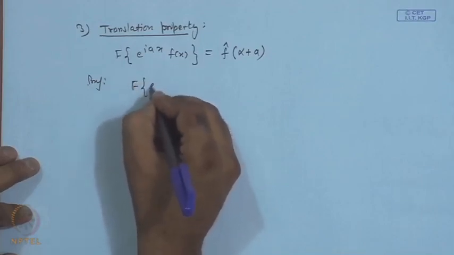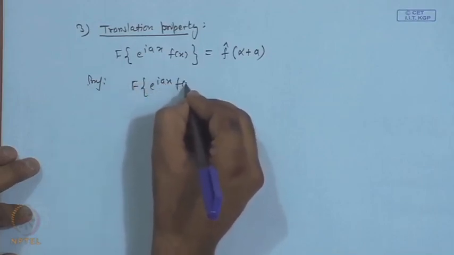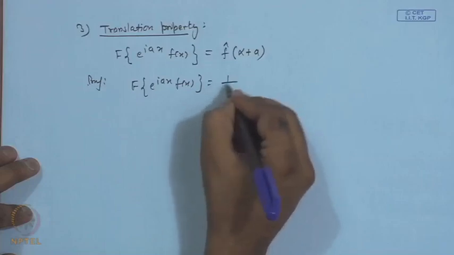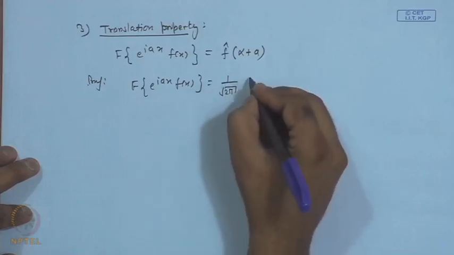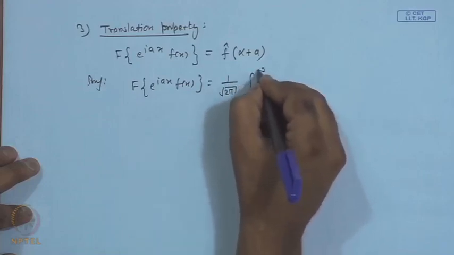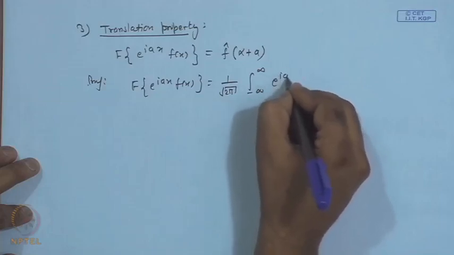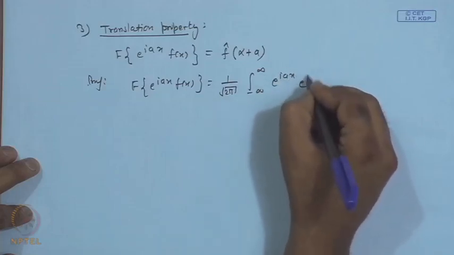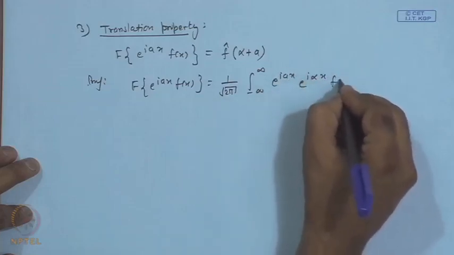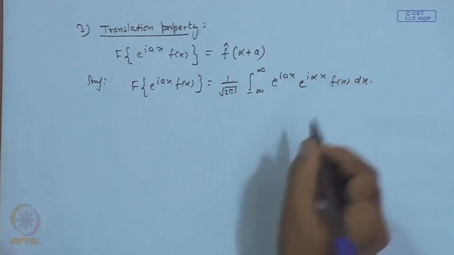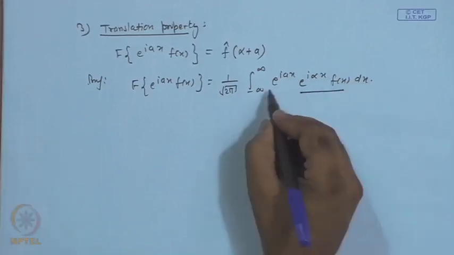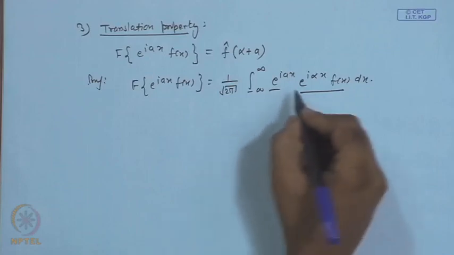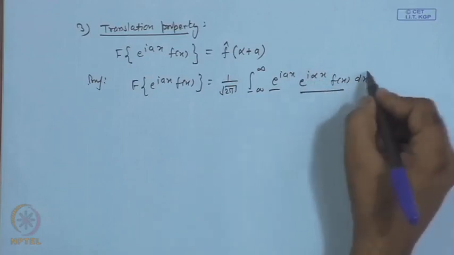The Fourier transform of e^{iax} f(x), as per the definition, is 1 over square root 2 pi, integral from minus infinity to plus infinity of e^{iax} e^{iαx} f(x) dx. This is our function, and this is for the transform, e^{iαx} for the transform.